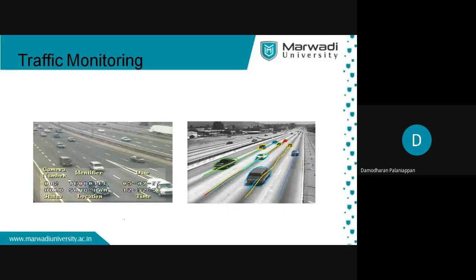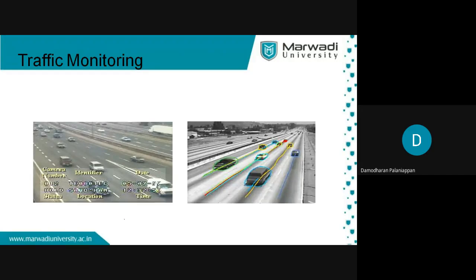The next is traffic monitoring. We are able to capture the image of a fast-moving object. The vehicle is moving, and we want to capture the vehicle and process that image into clear images, so image processing can be used.